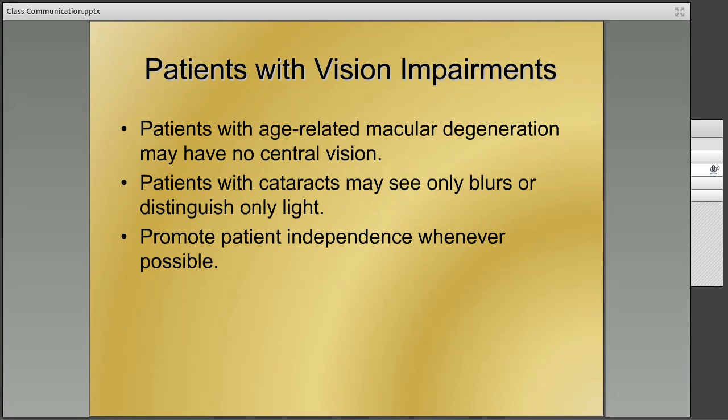With vision impairments, they can have age-related macular degeneration with no central vision, or cataracts. Glaucoma is loss of eyesight over time quite often. So keep in mind that you're going to need to guide them.